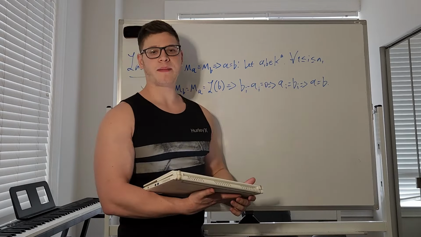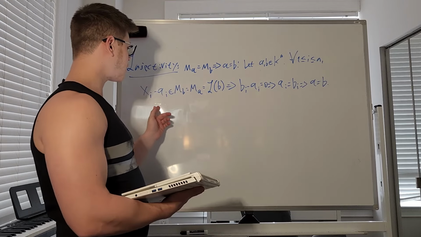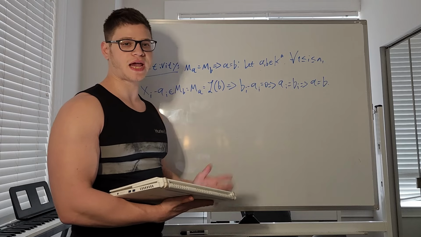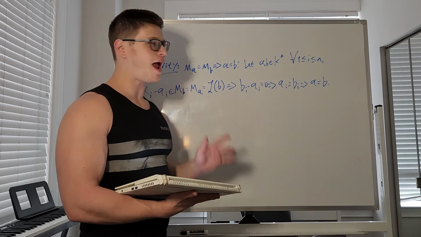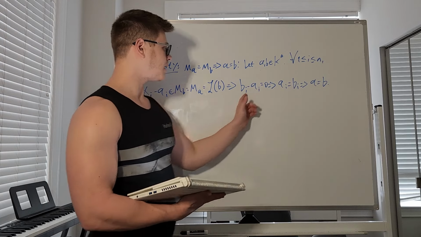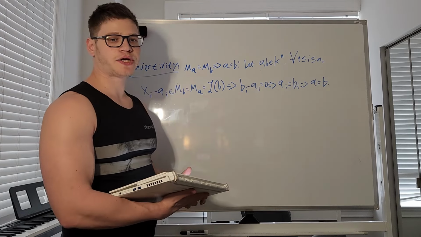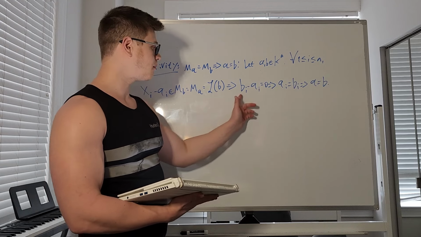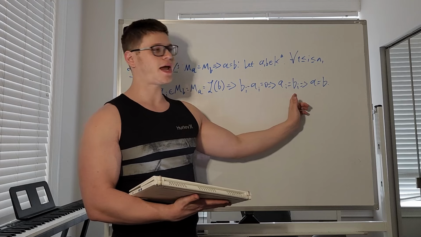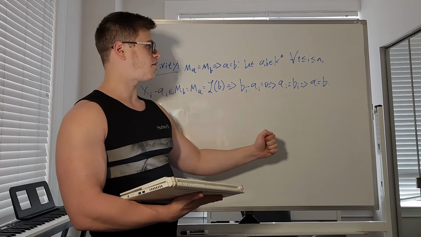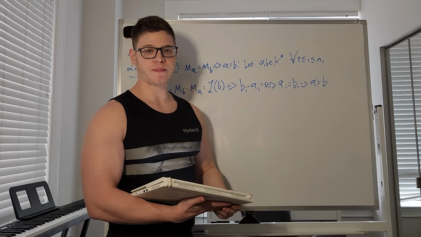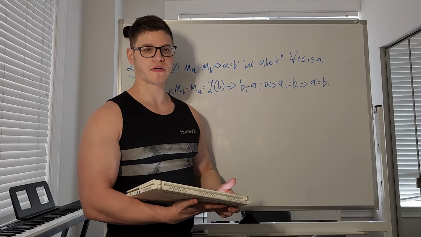Then for all i between 1 and n, we have that xi minus ai is in MA, but MA by hypothesis is equal to MB, and we just proved that MB is the vanishing ideal of B. So this shows us that xi minus ai vanishes when we plug in B. In other words, bi minus ai is equal to 0, so bi is equal to ai. This is true for every i between 1 and n, so we get that A is equal to B. This shows injectivity of the correspondence.